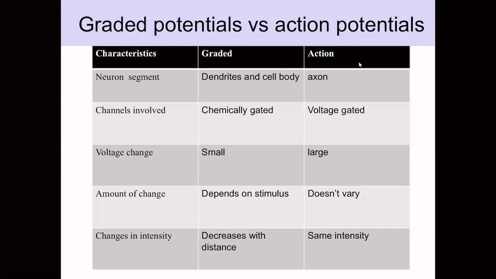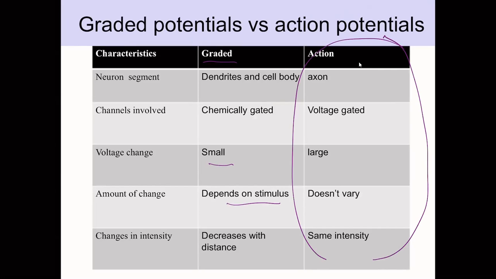Here it just explains the difference. With a graded potential, they're chemically gated, the voltage change is going to be really small, and it depends on the stimulus. What we'll talk about mainly is the action potential, and the action potential is all or nothing.